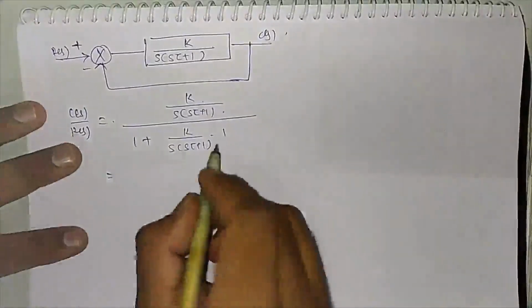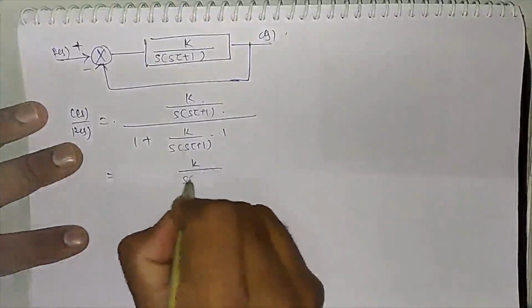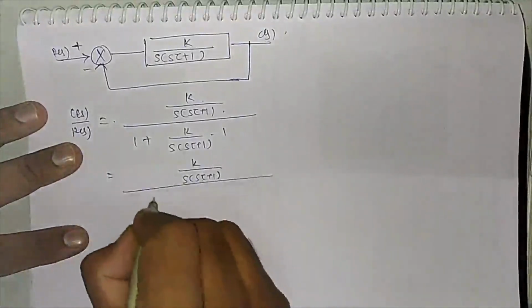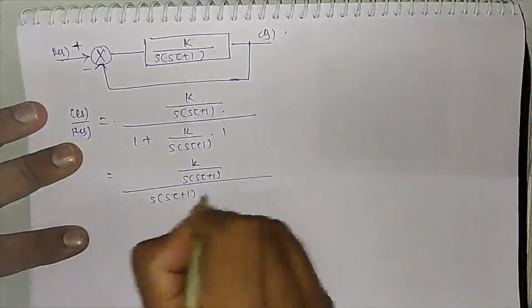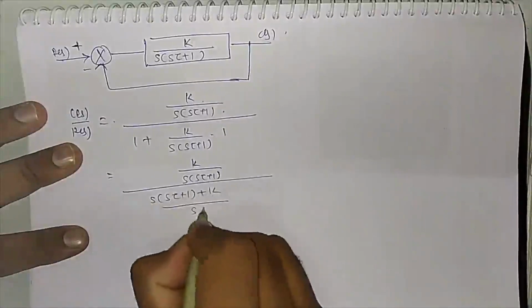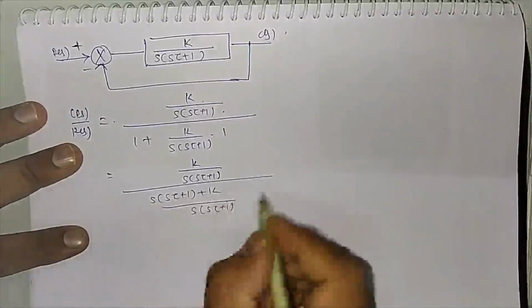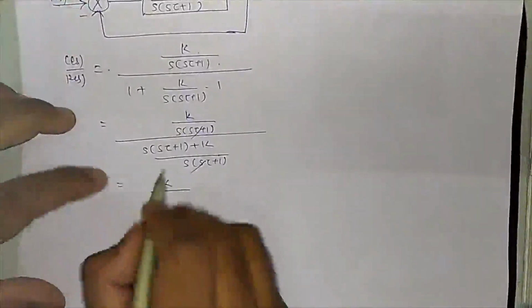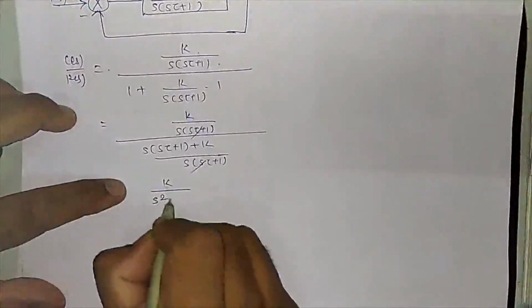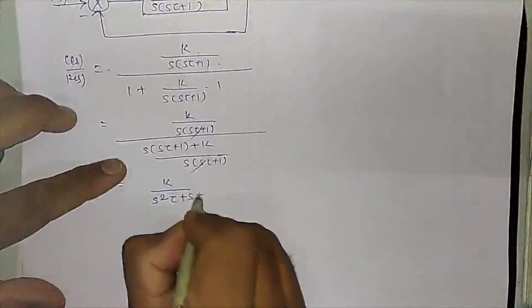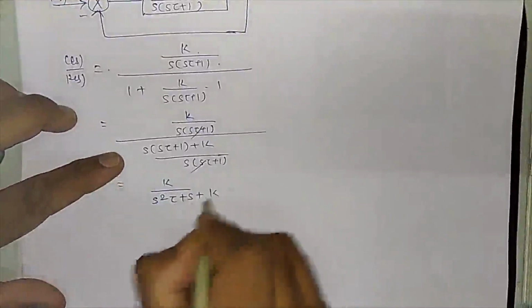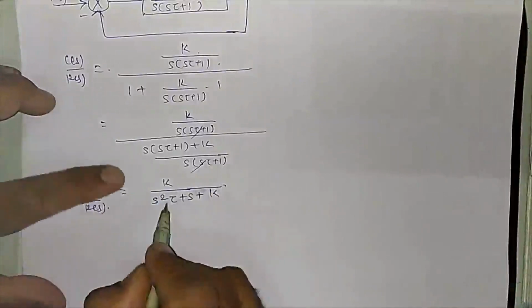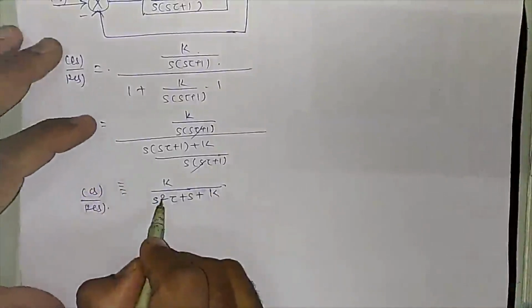So it will be K upon s(s tau plus 1) divided by [s(s tau plus 1) plus K] divided by s(s tau plus 1). This is going to be cancelled out, so it will be K upon s square into tau plus s plus K. This is C(s) upon R(s). Okay, the highest power of s over here is 2, so it is a second order system.